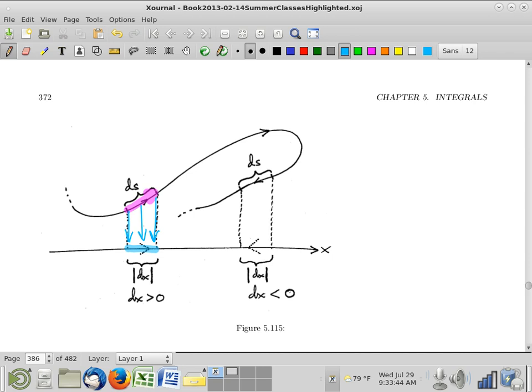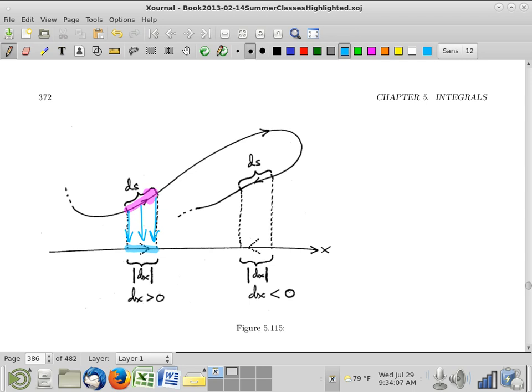So don't think about it now in terms of changes. Think about it in terms of sizes. So the vector differential represents that little piece of curve sitting up there in space. If you were to project it, look at its shadow down here on the x-axis, that shadow would have a certain size. So that's the way I want to think of dx.